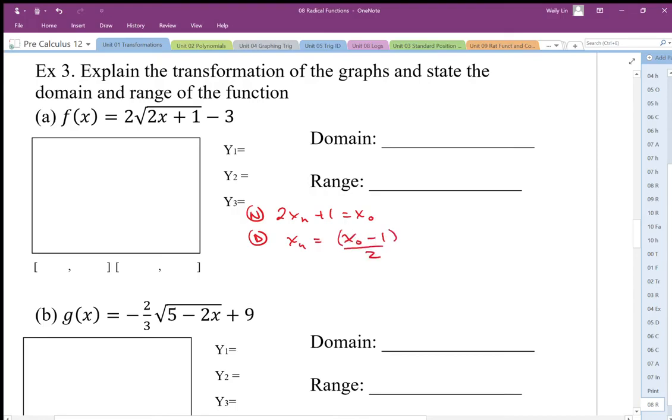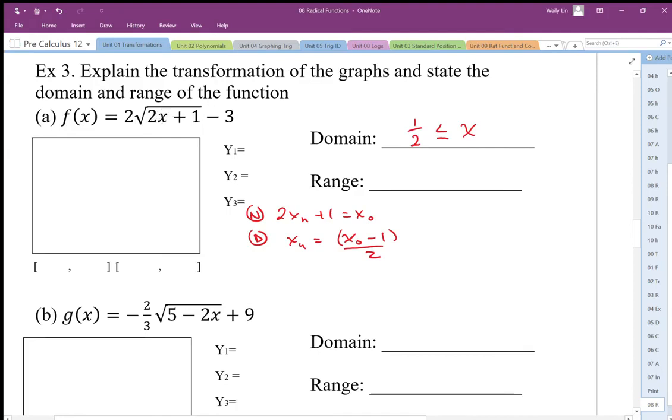So our domain starting point is going to be at negative 1/2, and it's going to be going to the right, so it's going to be greater than or equal to negative 1/2. We can see that as well from our restriction of the negatives. When we have negatives inside the square root, we can't have this, so anything less than negative 1/2 is going to give us a negative value inside that square root.